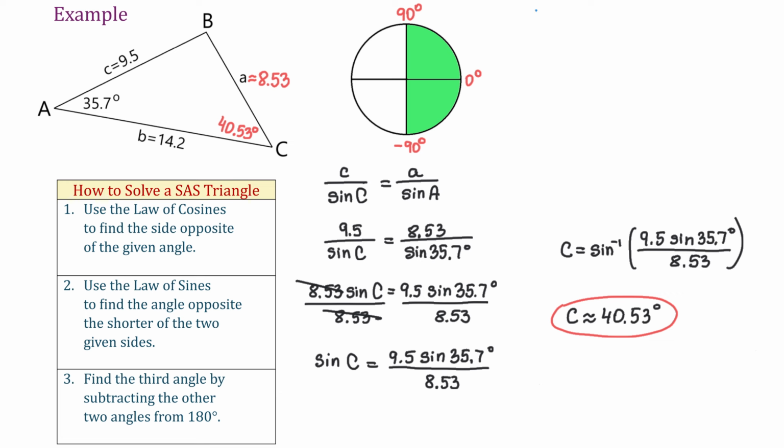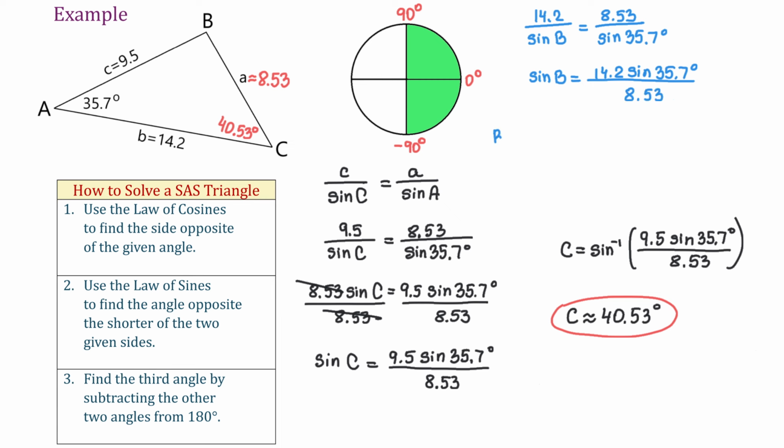For this we will write side B, which is 14.2, divided by sine of angle B equals side A, which is 8.53, divided by sine of 35.7 degrees. If we use cross multiplying, we will have that sine of angle B equals 14.2 times sine of 35.7 degrees divided by 8.53.